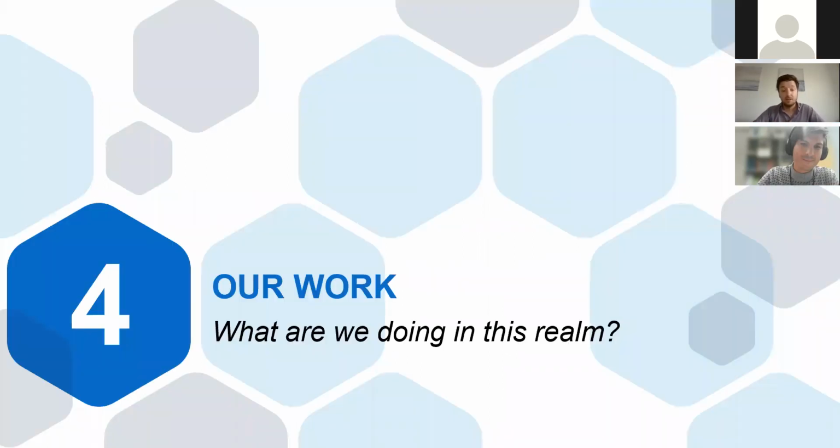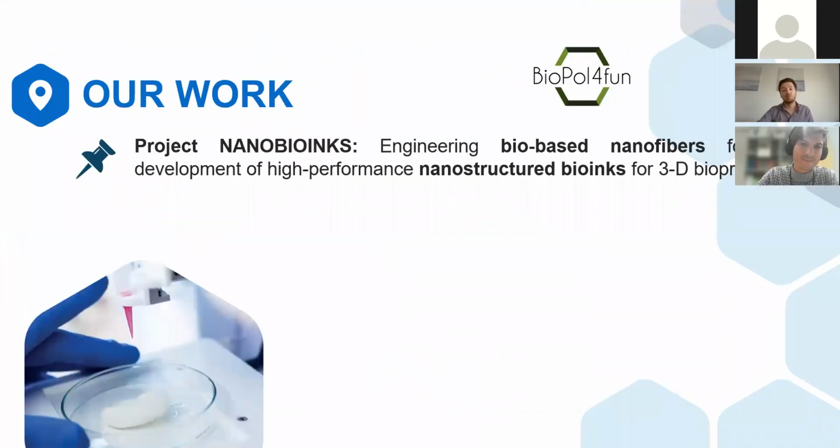And so I wanted to talk a bit about our group and about what we are doing in this field, what we dream to do, what we have achieved. So we are currently with a project, Bioinks.